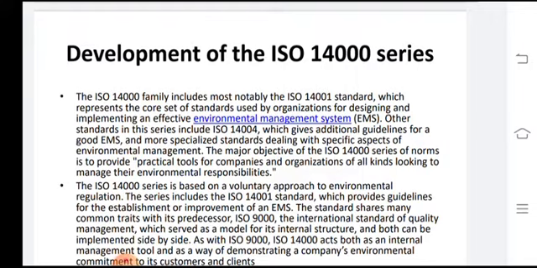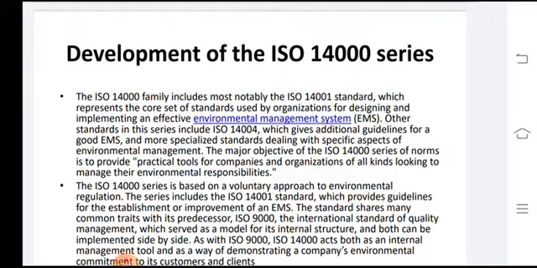Similarly, we have some other options like ISO 14004, which gives additional guidelines for good EMS and more specialized standards dealing with specific aspects of environmental management. The major objective of the ISO 14000 series of norms is to provide practical tools for companies and organizations of all kinds looking to manage their environmental responsibilities.